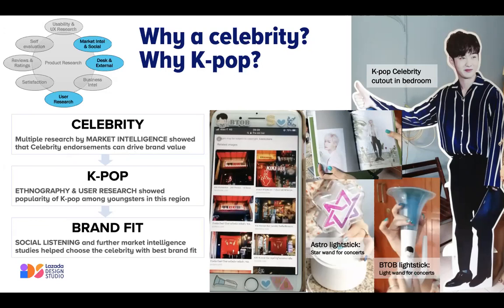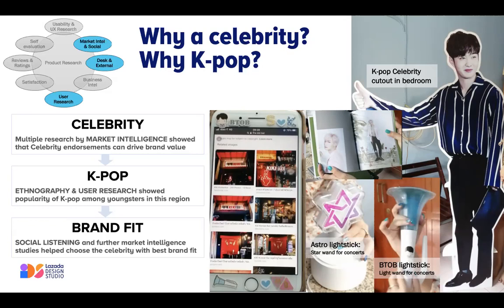Now, a lot of this is actually from ethnography. Last year we did some ethnography and user research. It showed the popularity of K-pop among youngsters in this region. This was also validated by market intelligence, who were simultaneously doing their research, and social, who were doing theirs. They all decided that K-pop is something which cuts across this region, which is so varied in culture.